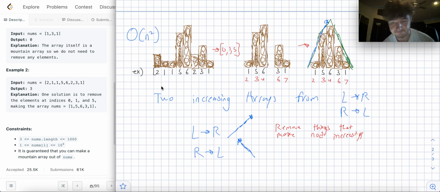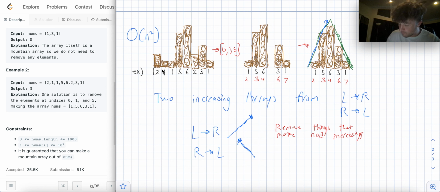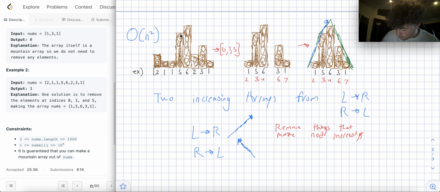up to a point. And what I mean by that is, if I want to make this increasing, if I have 2 and then 1, well, I can't make it increasing with 1 to 1 to 5. If I want to make it increasing from here to here, I'm going to have to remove some elements, right? I could remove these 2 elements, so then it's 2, 5, or there are multiple solutions.